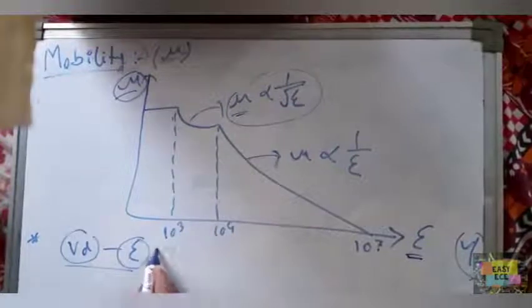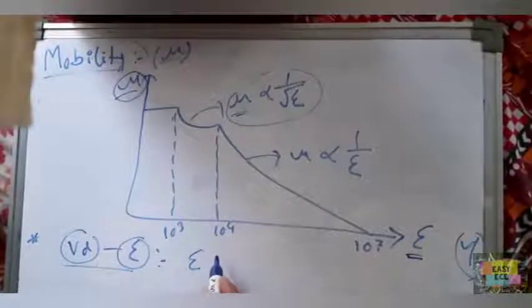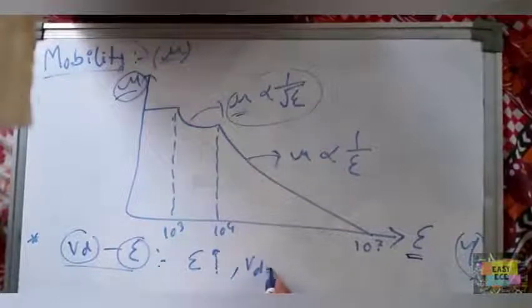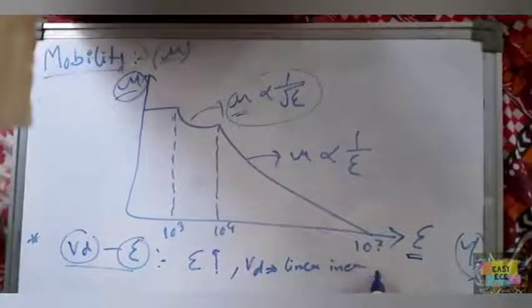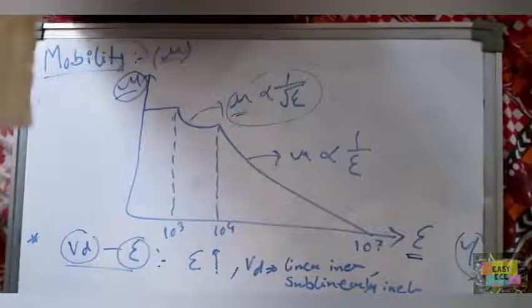In a semiconductor, if the electric field is gradually increasing, the drift velocity Vd first increases linearly, then increases sublinearly, and then enters the saturation region.